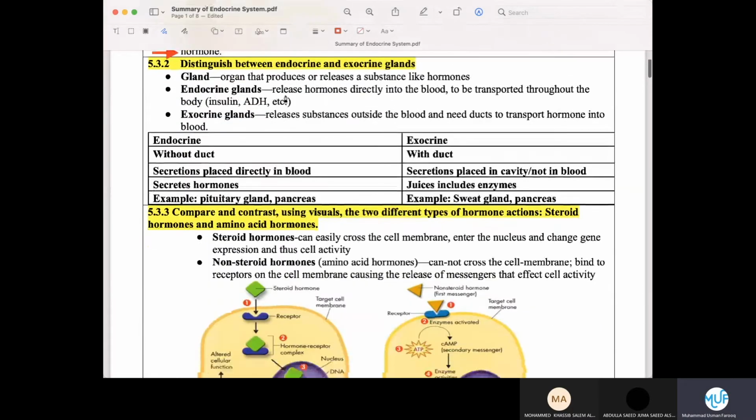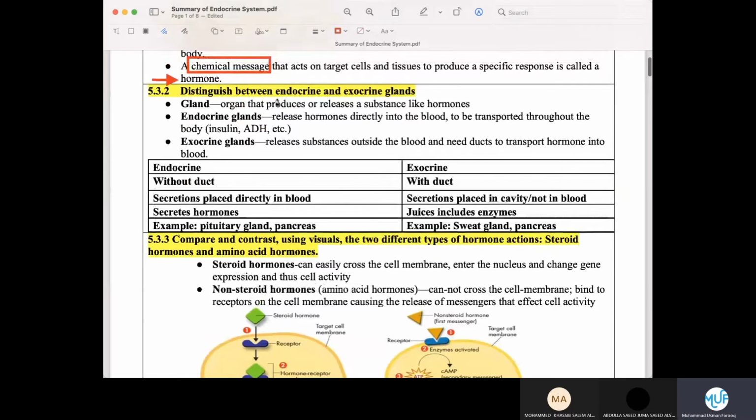We have two types of glands. One is called the endocrine gland, and the second one is called the exocrine gland. So when we say endo and exo, we have to understand that the endo are the ones without a duct.